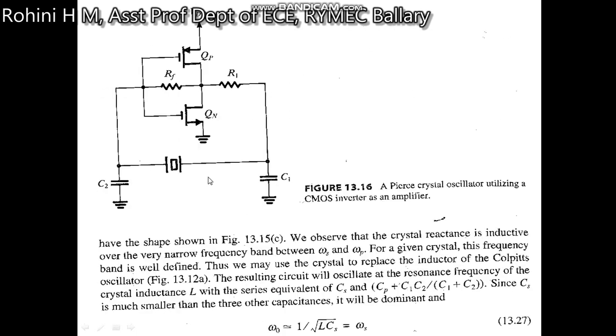This is a crystal oscillator using a CMOS inverter. The circuit has a CMOS inverter, PMOS and NMOS, that is QP and QN. Here we connect a resistance RF, and a crystal, and two capacitances.